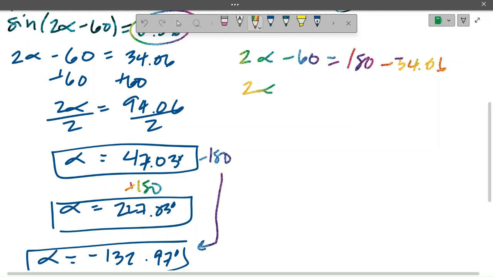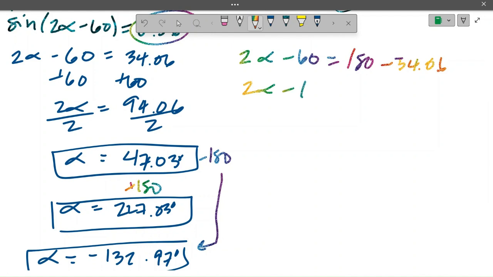I'm coming over to simplify the right side of this equation and then solve for alpha here. When I do that, I get 145.94 degrees. That took me a second. Okay, and now I'm adding 60 to both sides.